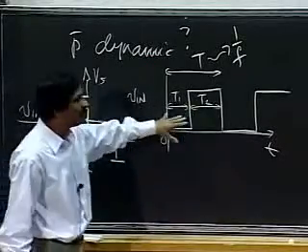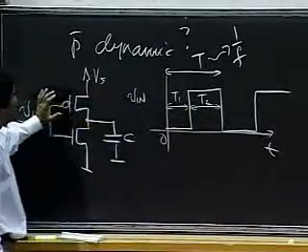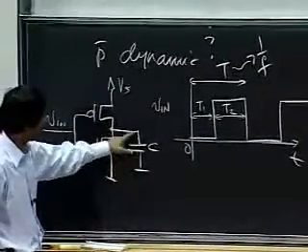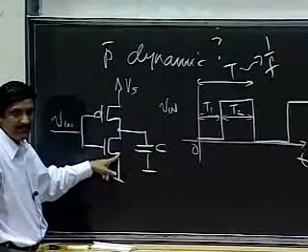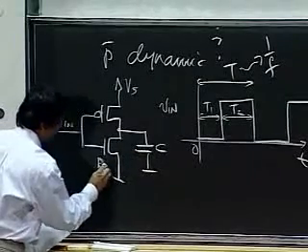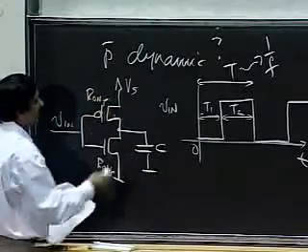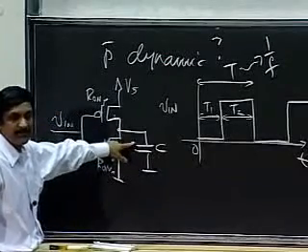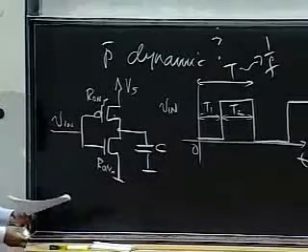And I'm assuming that T1 and T2 are both much larger than the respective time constants. The time constant for discharging here is C R on N, and here, the relevant resistance is R on P. The charging time constant is R on P times C. So T1 and T2 are assumed to be much greater than these two.